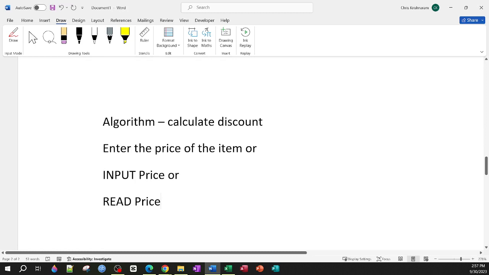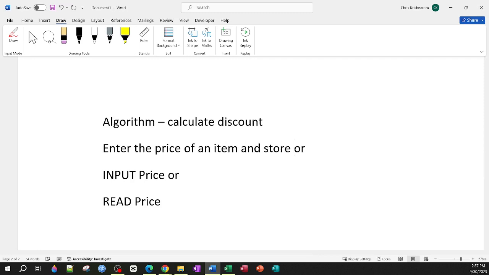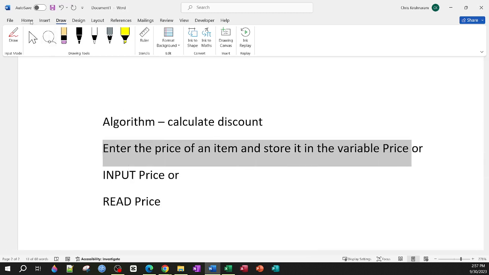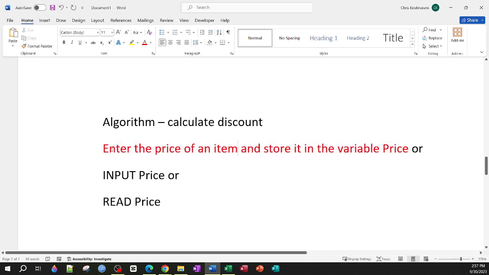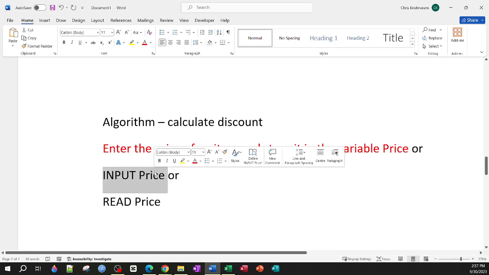So input price, read price simply means that you're going to enter a value and store it into this variable here called price. So let me continue this line at the top here. Enter the price of an item and store it in the variable price. So this line at the top here in red, enter the price of an item and store it in the variable price, is basically these two words here.